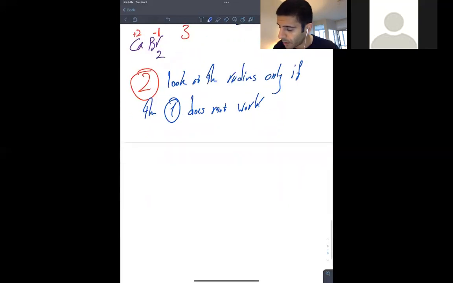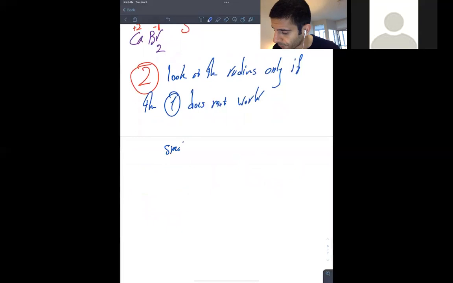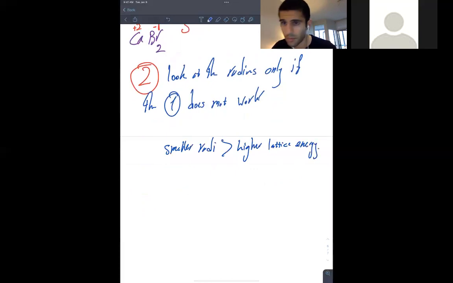So smaller radii means higher lattice energy.